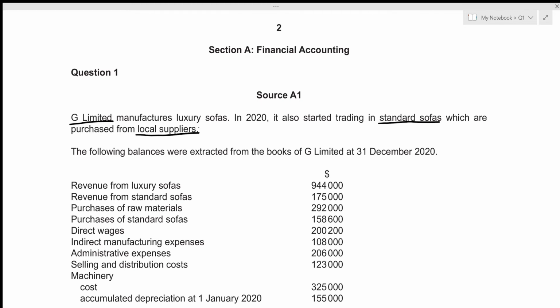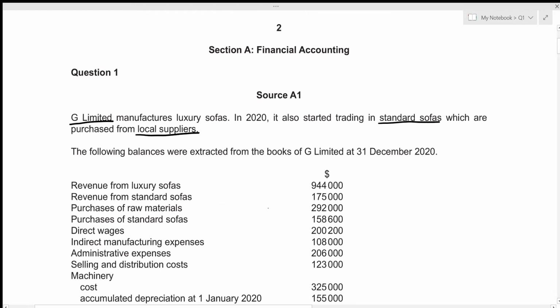Instead of producing on its own, they purchase the standard sofas from local suppliers, which means that if we were to make our manufacturing account for G Limited, then we would only record the cost incurred for manufacturing luxury sofas, and we will not be including the cost incurred from purchasing the standard sofas from local suppliers. Those will only be included in our income statement.